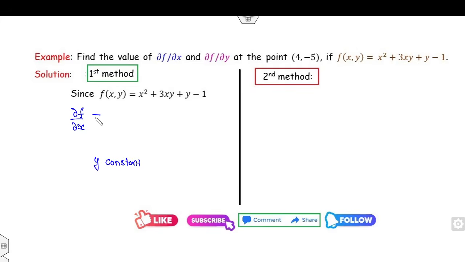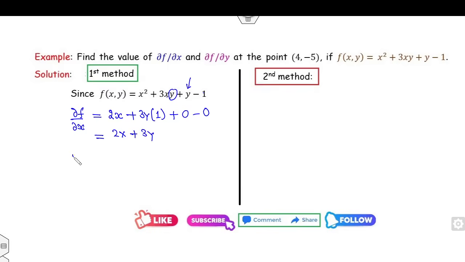So if you consider y as constant, the partial derivative of x square is 2x. Since y is constant, 3y stays outside, and the partial derivative of x with respect to x is 1. Because y is constant, the partial derivative of the last term, 1, is 0. So the partial derivative with respect to x is 2x plus 3y.